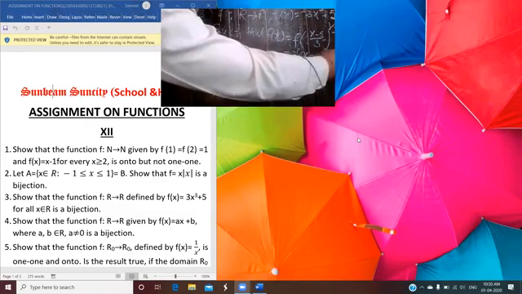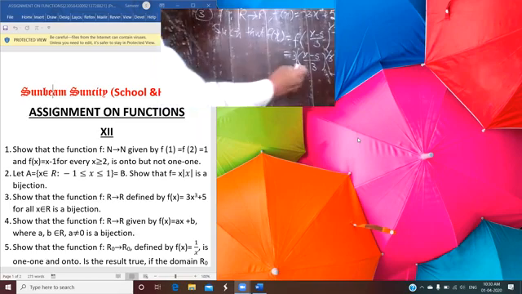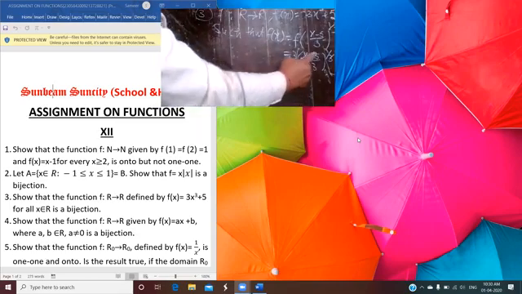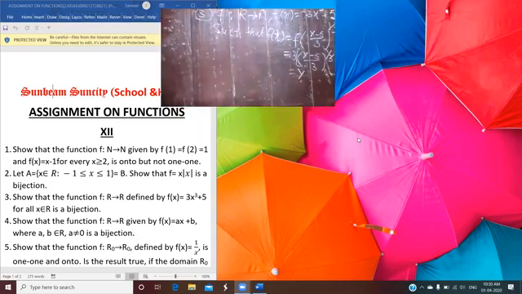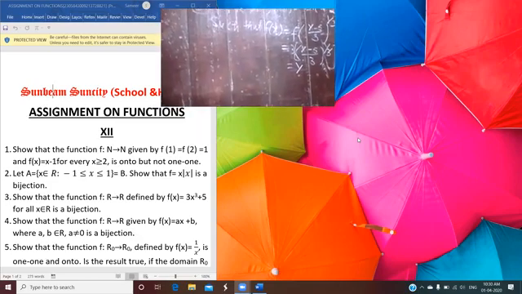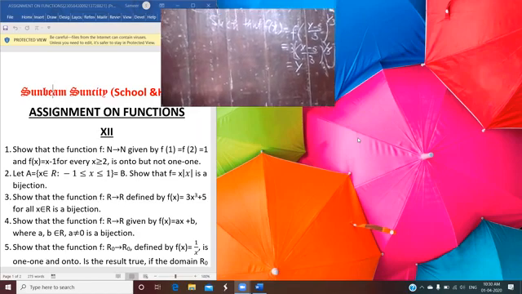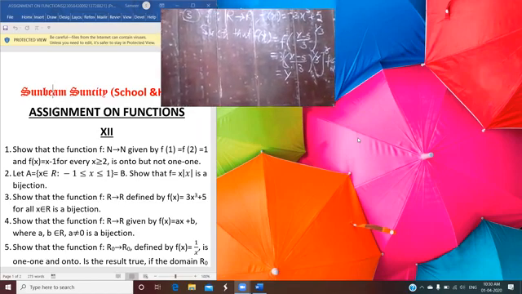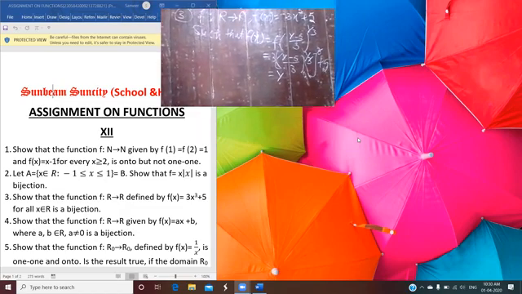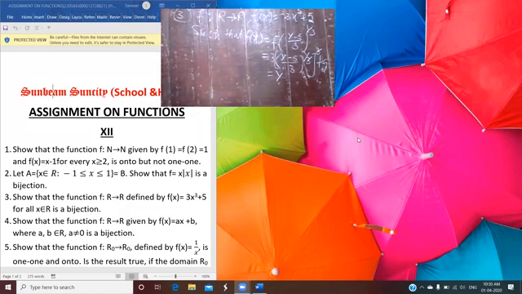So here you see that 3 and 3 cancel out. After that 5 cancels out. So finally you have y here.